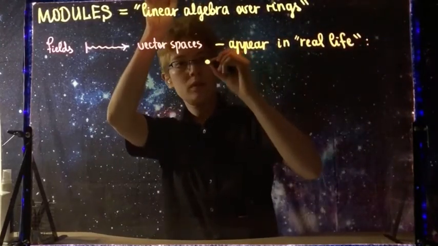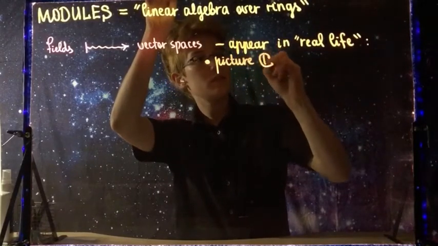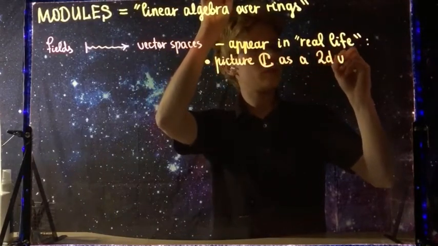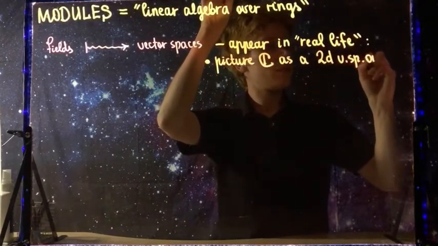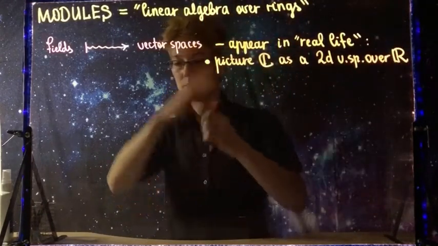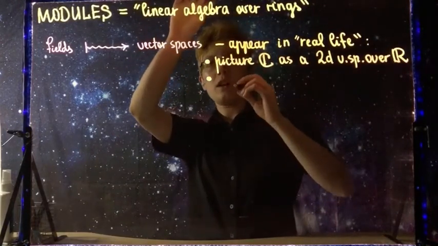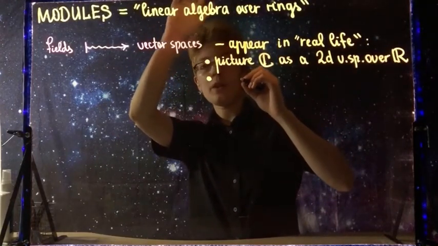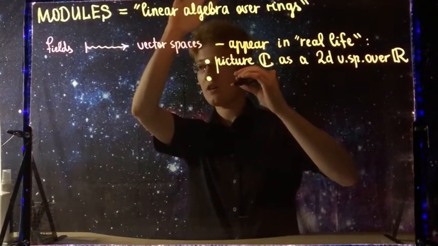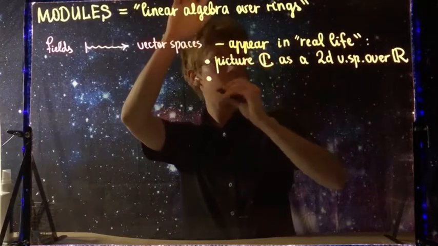For example, you can picture C as a two-dimensional vector space over the field of real numbers. Also, if you took calculus 3 in UPenn or ordinary differential equations, I think that's how it should be called in general.